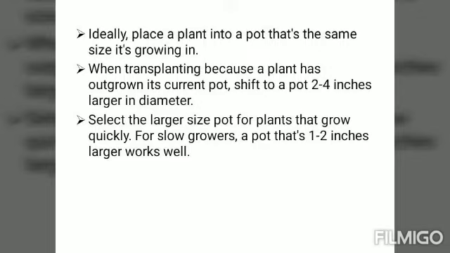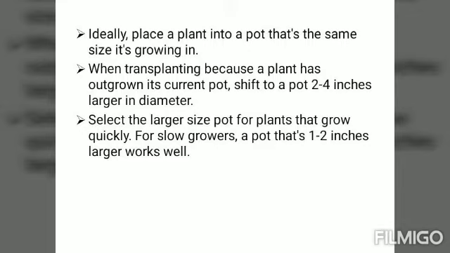There are some plants that grow quickly, कुछ ऐसे प्लांट्स होते हैं जो जल्दी बढ़ते हैं, जो जल्दी उनका ग्रोथ होता है, so for these you have to use larger size pots, okay, और जो slow grower है ना, which grows slowly, which does not grow that fast, this variety of plant you have to plant in a pot that is 1 to 2 inches larger.